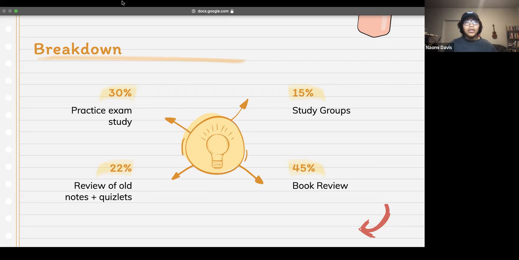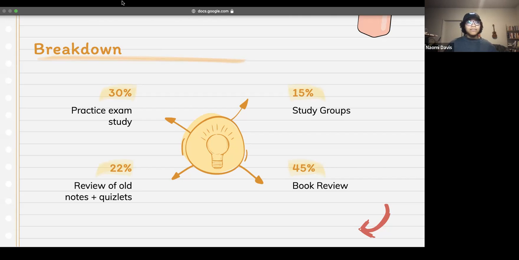If you're somebody who learns really well having someone else teach you something or review something with you, maybe finding a tutor would be a good use of your time. Or if you're someone who learns really well when you're teaching somebody else, a study group, and spending more time in the week in study groups might be a better use of your time. Or reviewing books, which for me was really helpful.